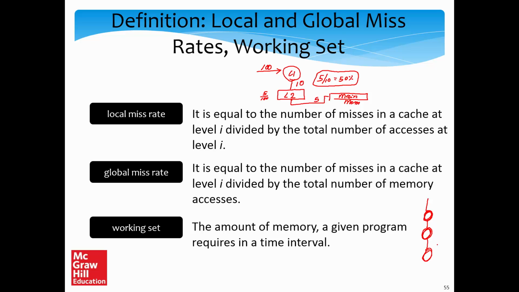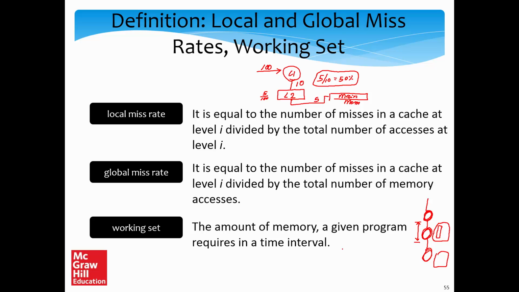Maybe in this part we will access one array or a group of arrays, so for a certain fixed period of time we'll be accessing some data. Then we move to another part of the program and access some other data. So in a given time interval, the amount of memory that a program accesses is called the working set of the program at that particular point in time.